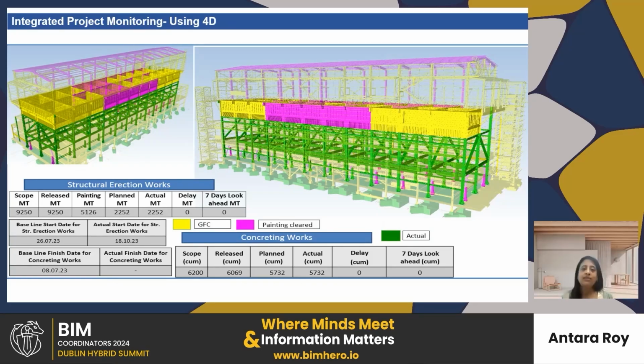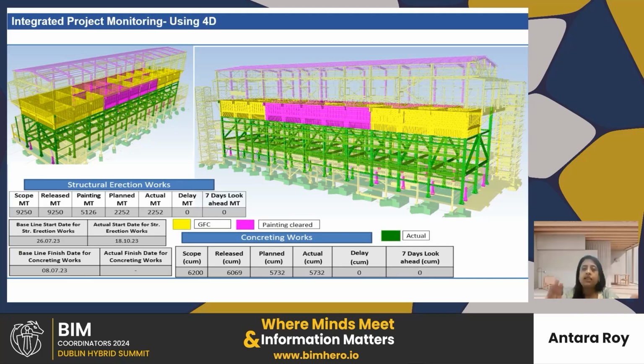So here, yellow, as I already told, is GFC, good for construction. Green is completed. Magenta is the structures in fabrication where inspection is completed, which means all structures are ready for erection.